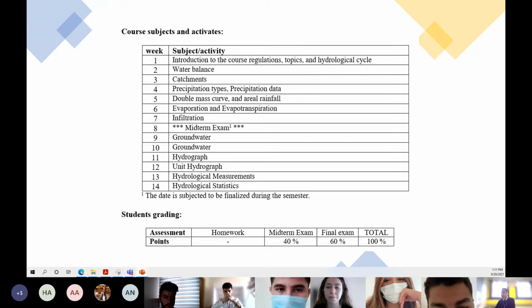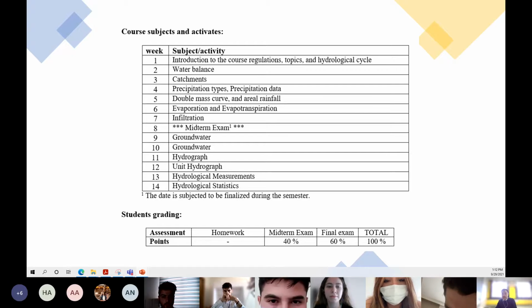Then we will talk about some hydrological components like precipitation, rainfall, evaporation, evapotranspiration, infiltration, and groundwater. These, up to the groundwater section or lecture 10, are all components of the hydrological cycle. You already know about it.